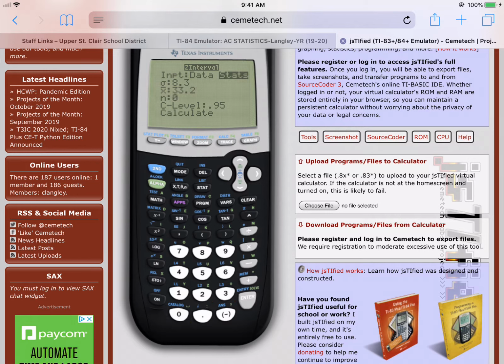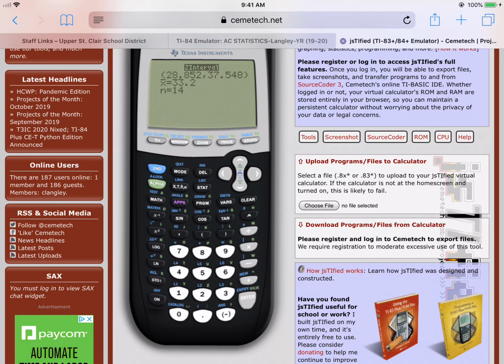And our n value, our sample size, we were given 14 randomly selected commuters. Now, that's a pretty small sample size. In the coming weeks, we'll be talking about maybe using a different test rather than a z-test when we have a sample size that small. But for right now, we'll go with it.